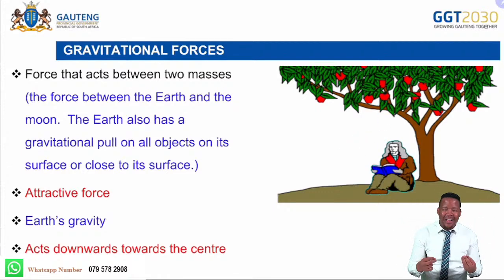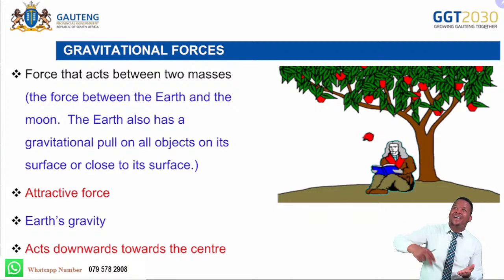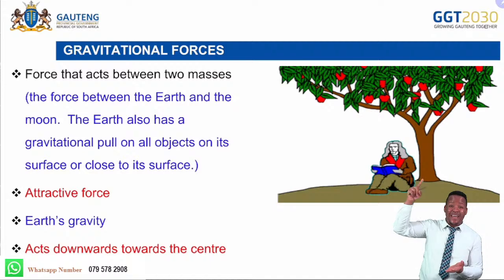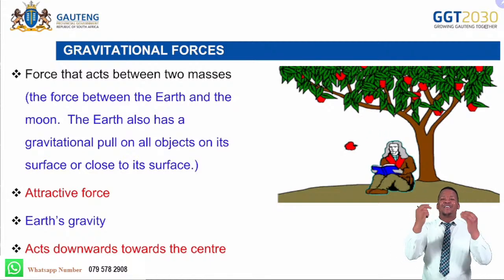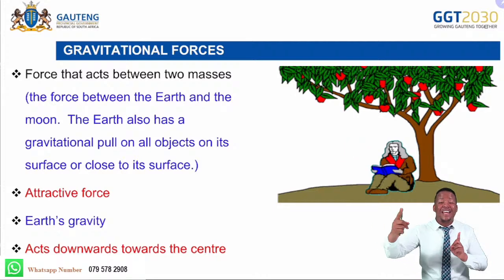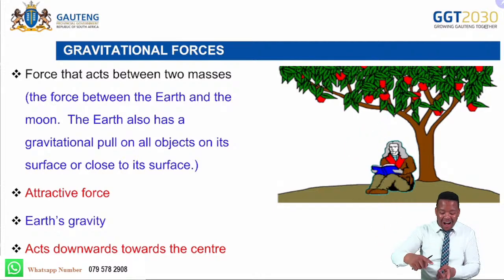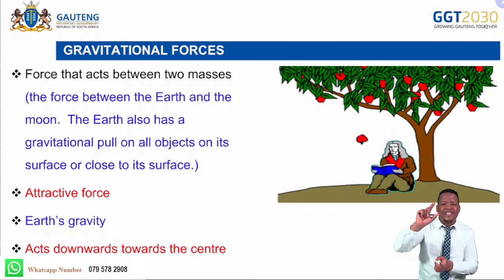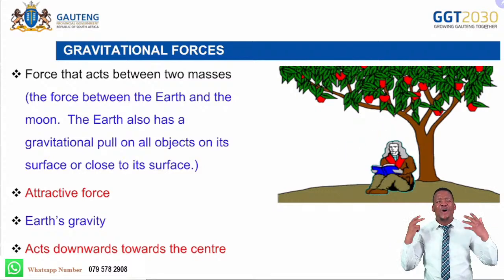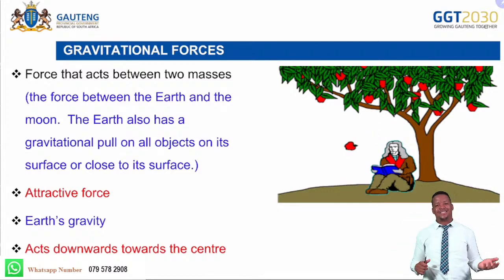Between the Earth's surface and the apple on the tree, there's space, right? However, gravity is able to pull the apple downward to the center of the Earth. So between the two objects there is space. That's what we talk about, non-contact forces.